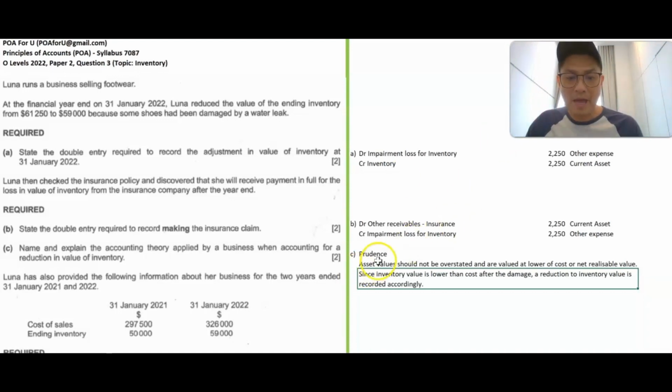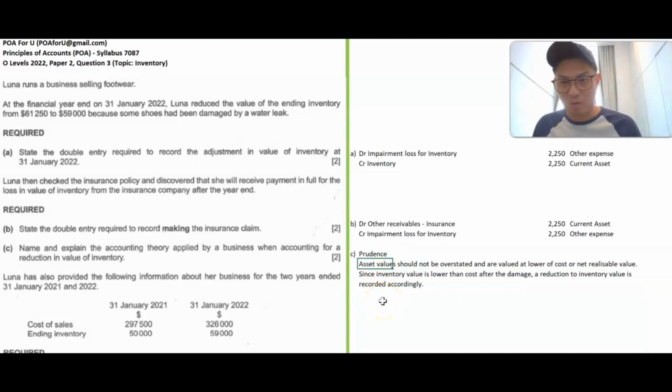If you think that the asset you bought is $100 and you think you can sell it for $200, you're not going to value the asset at $200. You're still going to value it at $100 because that is the lower of cost or realizable value.